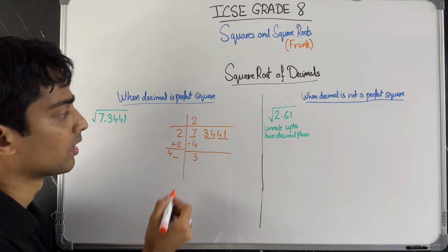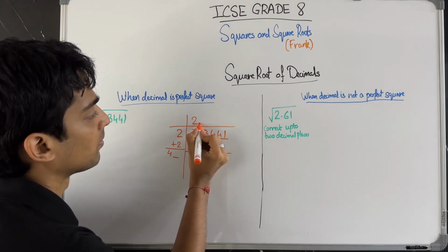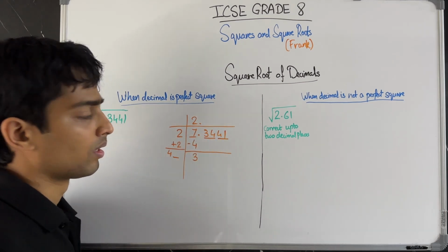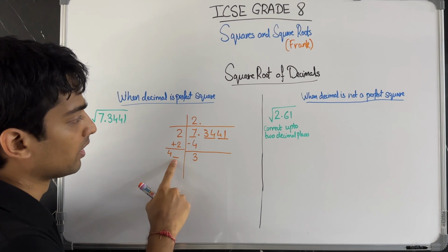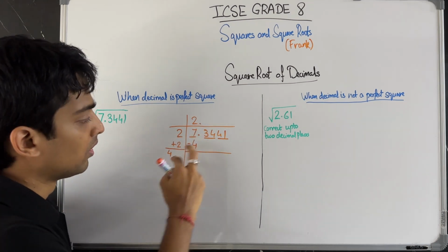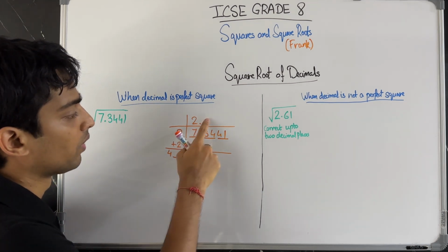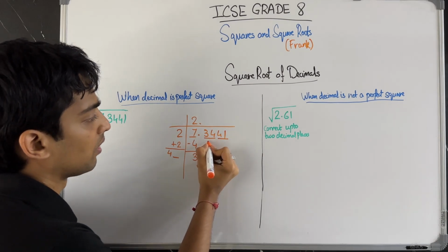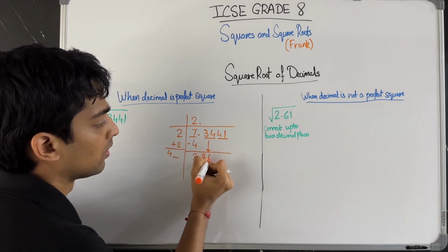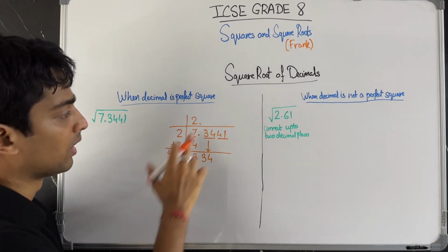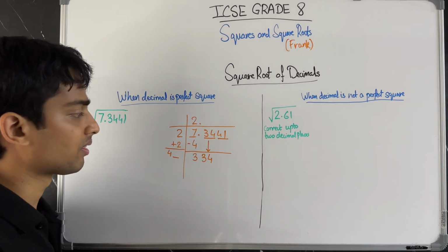Here we have to fill a digit and there will be a point sign here. Now there should be a digit here, same digit should be here. So if it's 1, so 41 into 1. First we'll bring this down, 334. So now we need to multiply and get 334 or less.